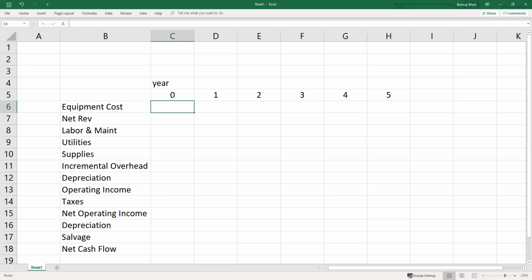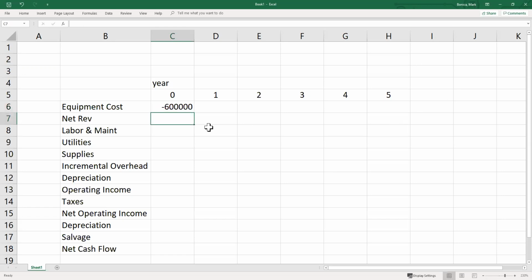I've laid out the format per the guidance in the problem. I've modified the names just a tiny bit, but regardless, it should be fine. At time zero, we're going to buy the equipment. The equipment costs $600,000, so it's a negative cash flow of $600,000.